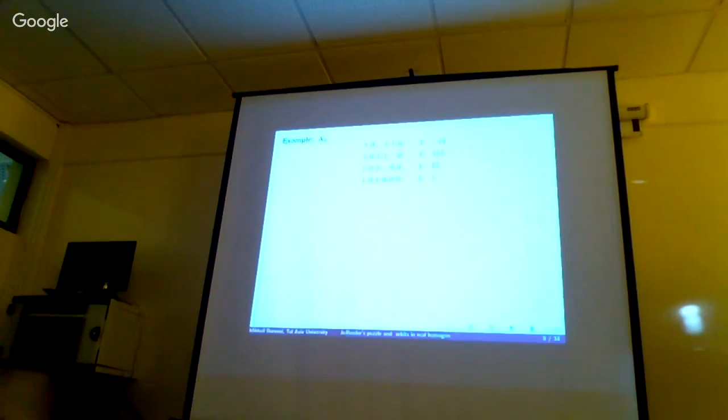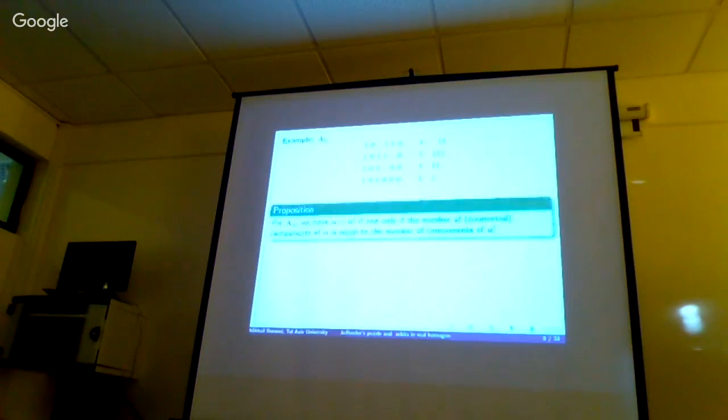It's a very easy theorem, or rather a proposition. For A_n, two labelings A and A prime are equivalent if and only if the number of components of A is equal to the number of components of A prime.